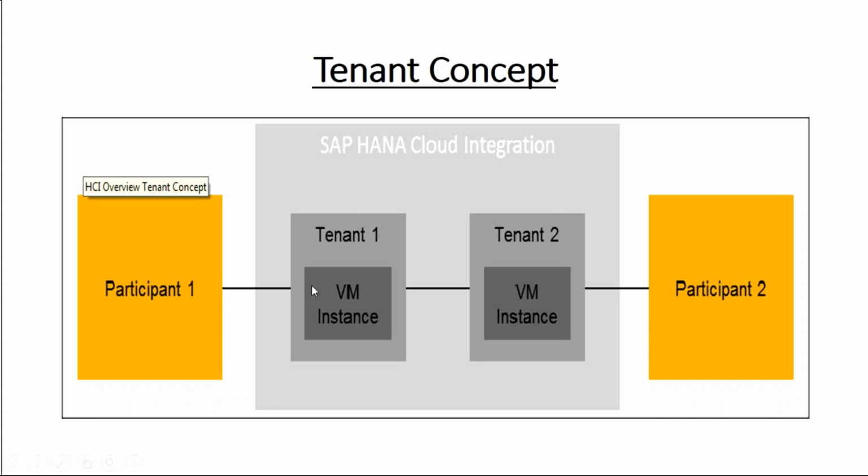So at the SAP end, we might be using the same server hardware, but different tenants of that hardware. That tenant is nothing but your virtual machine instance. So your data isolation is at the highest level.